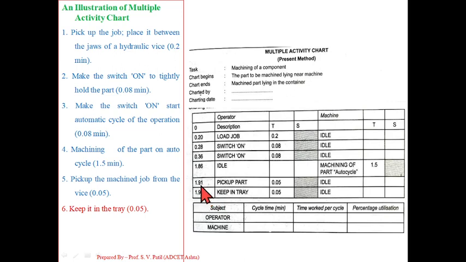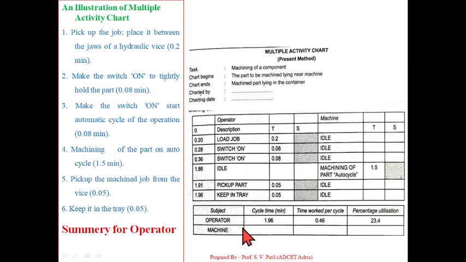At the last we are supposed to prepare the summary of the time for the operator and the summary of the time for the machine. So cycle time, total time required, time worked per cycle, and percentage utilization we are supposed to mention.